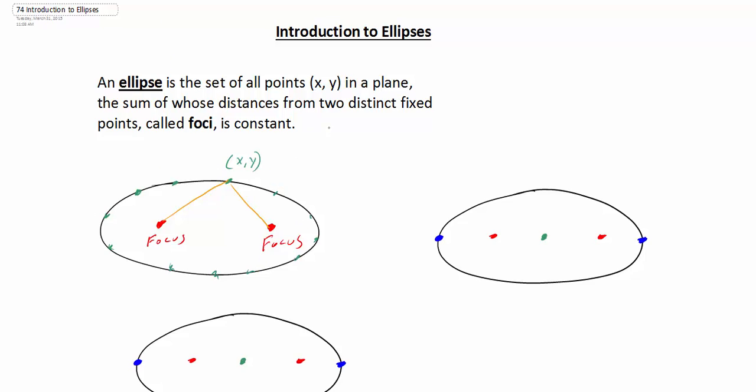So what we're indicating here is the sum of this distance d1 and this distance over here d2. As this goes around, that will remain the same. So that's going to remain constant.